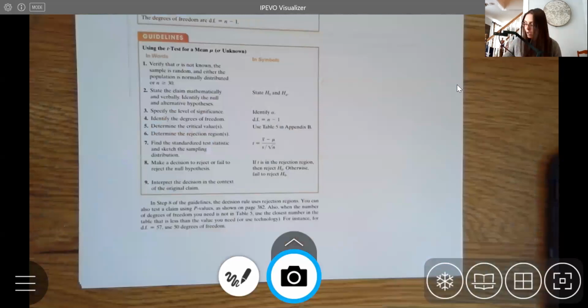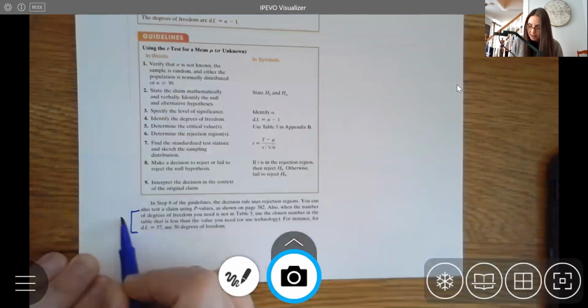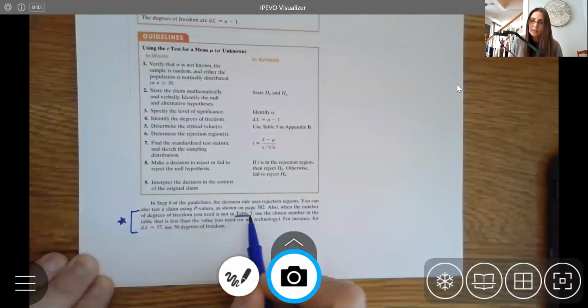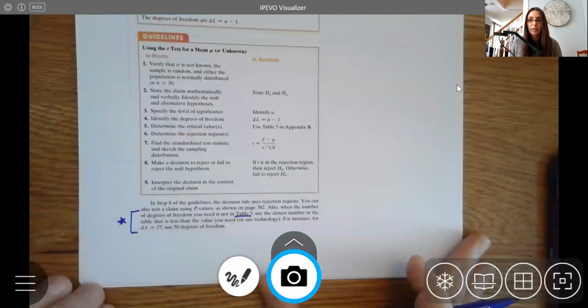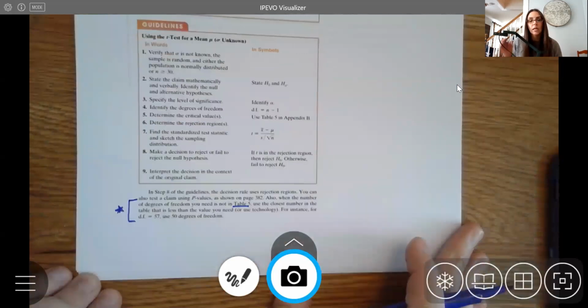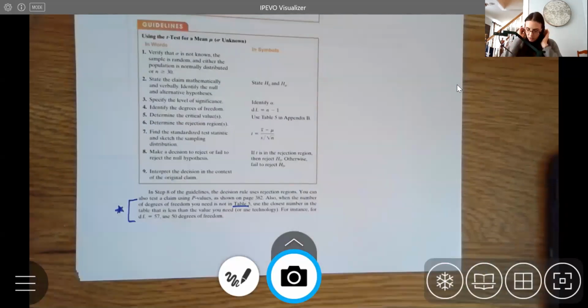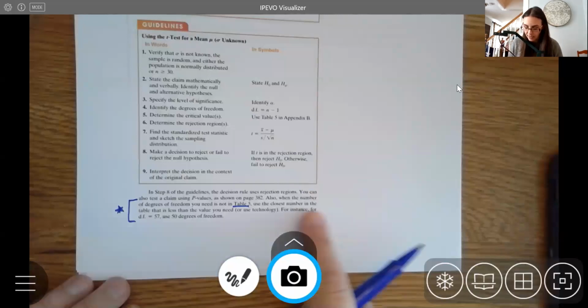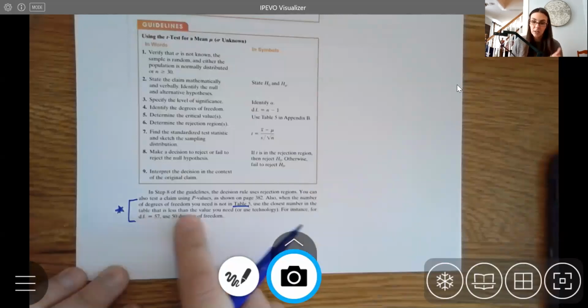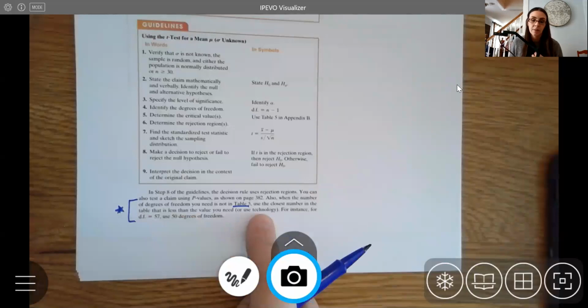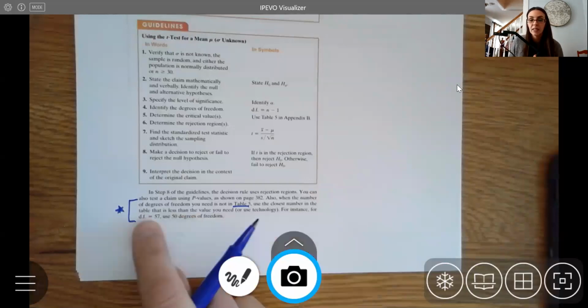One final note before we go on is that obviously table 5, where it has those t values, is not perfect, so it doesn't have every value in the world. So what you do want to do is use the closest number in the table that is less than the value you need if it's not given, or use technology. So let's say your degrees of freedom was 57, but 57 is not given in the table.